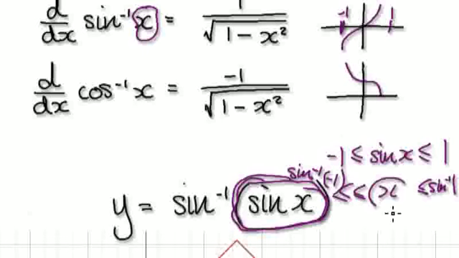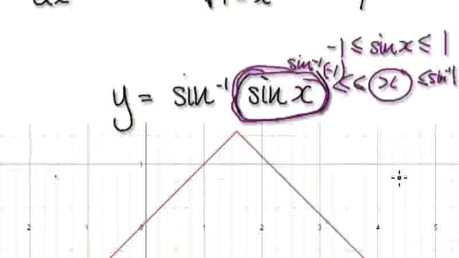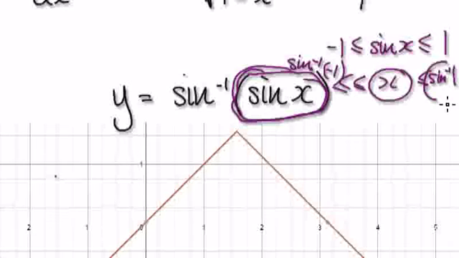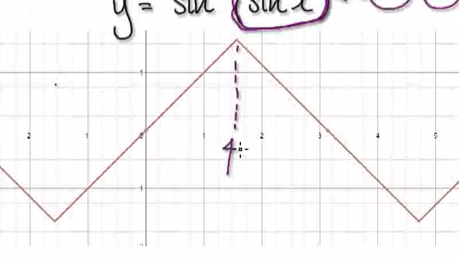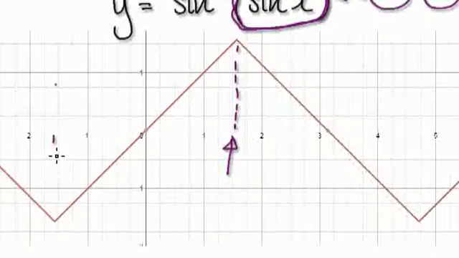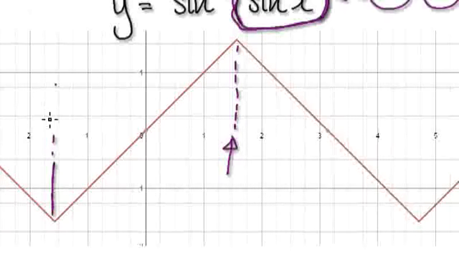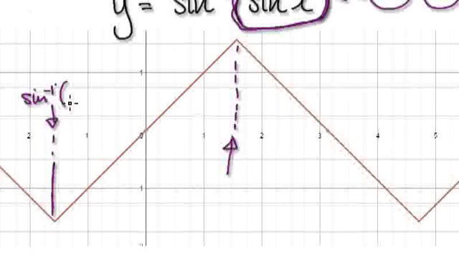If you look at x, if you get your calculator and work out the inverse sine of 1, it's going to be this point here. And this other point here is negative, sorry, inverse sine of -1.